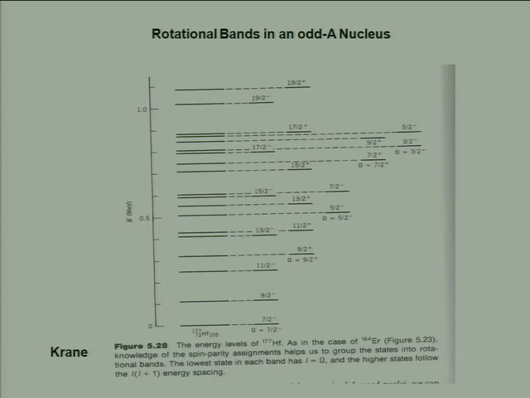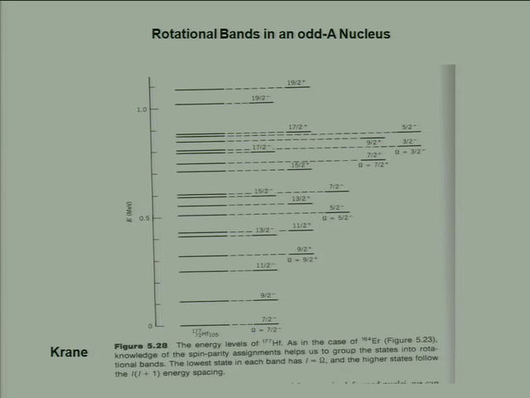On the other hand, there's also another set of levels over here, which again look like a rotational band, except they're built on an excited state, okay, which has a different shape than the ground state. And so again, the point of all this is not for you to understand all this, but to get the feeling that these rotations are in fact a property of lots and lots of nuclei, not just the evens. And there is a way to understand what's going on in the odd A nuclei as well as the evens.